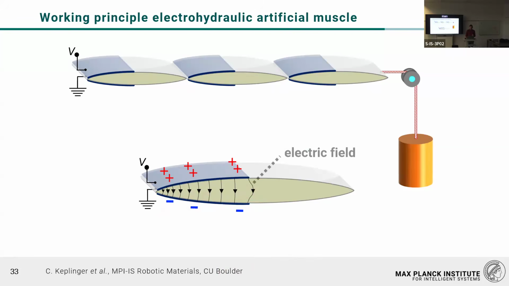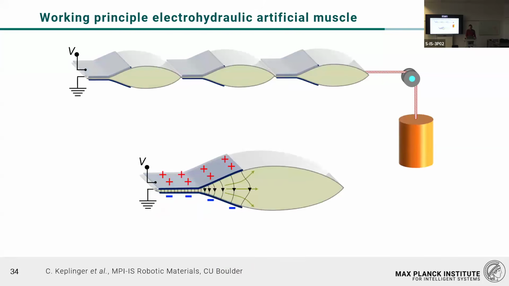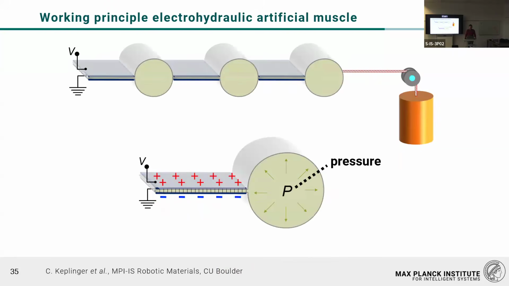So the contraction will start from the edge and propagate inwards if we increase the voltage. And then we get a zipping movement that displaces the liquid inside and pressurizes the liquid. We therefore call this an electrohydraulic artificial muscle or electrohydraulic soft actuator.